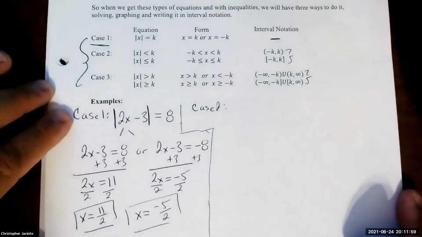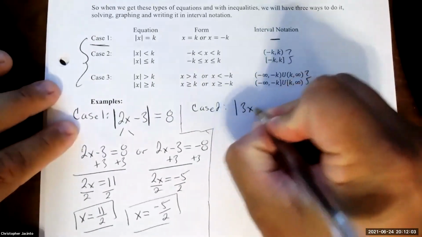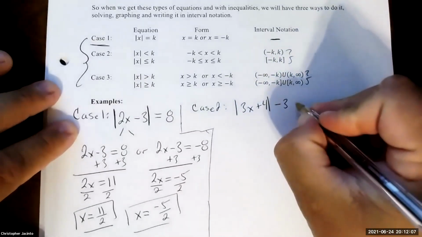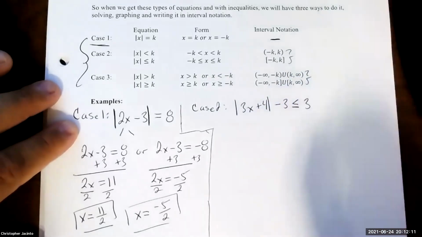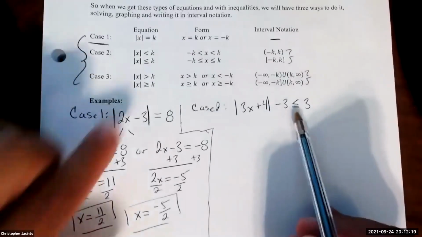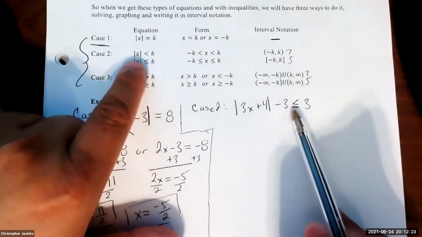Okay. So let's suppose we have this for case two. Just a little harder. Okay. All right, so before we do anything, I know it says we're already in case two. However, the first thing you have to do is make it look like that.